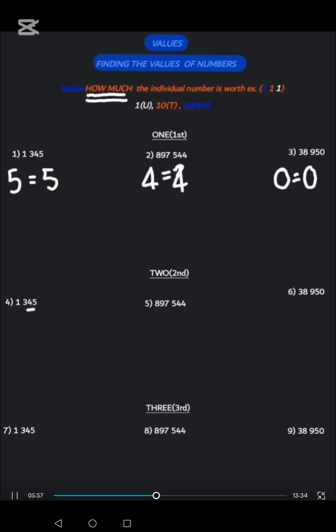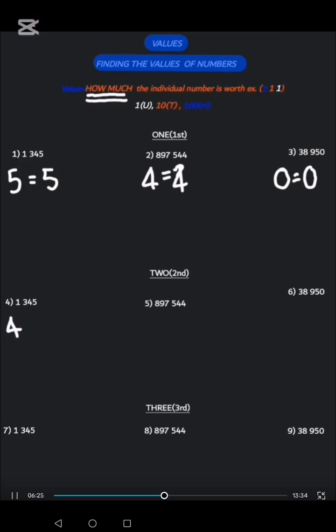We want to stay focused on the 4, so we scratch out the rest of the numbers in front of the number 4. We want to know the value of the second last number, which is 4.